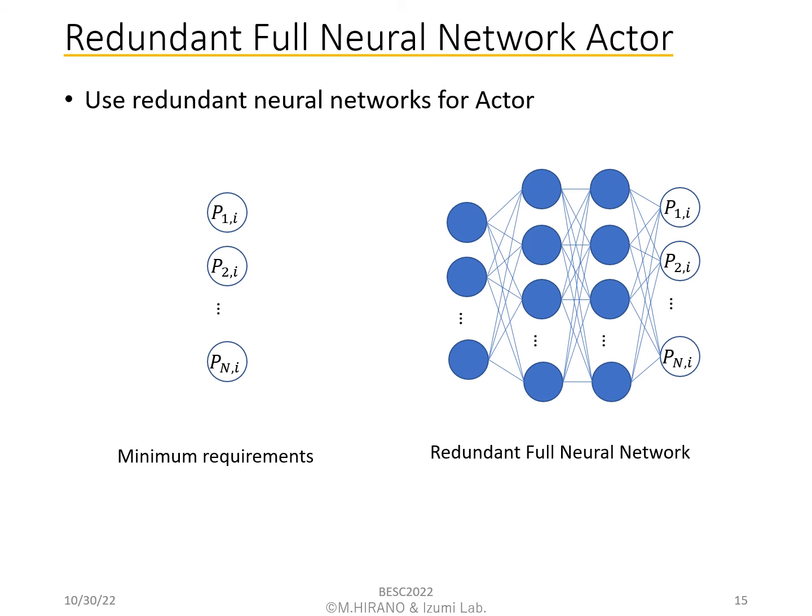Here is the second additional component, reliance for neural network actors. As I mentioned earlier, the actor accepts no input and generates the parameter set. So the minimum requirement is gradient-enabled parameters. However, in our proposition, a neural network is employed to generate the parameter set.